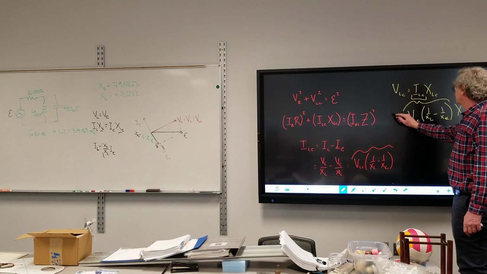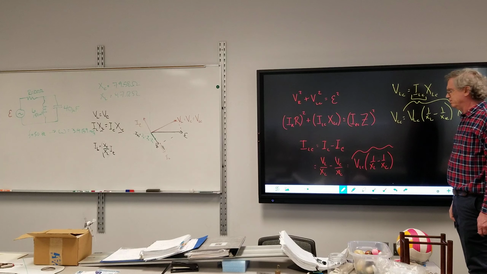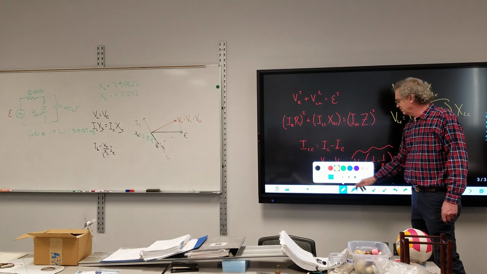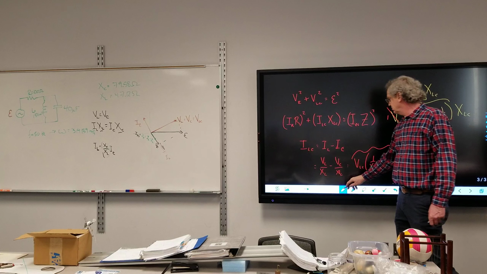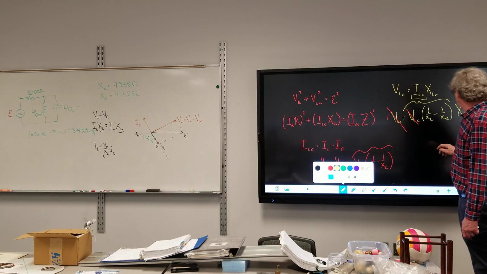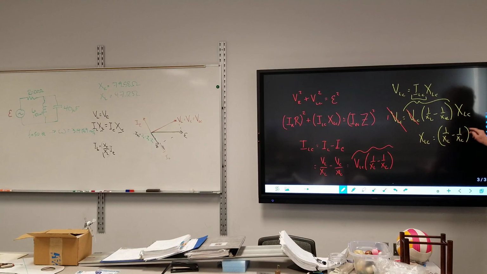Therefore, I have VLC on both sides. And so I have XLC equal to 1 over X sub L minus 1 over X sub C to the negative 1.